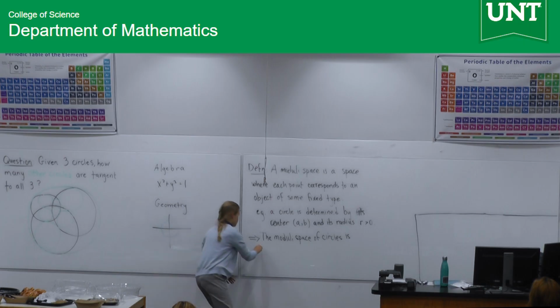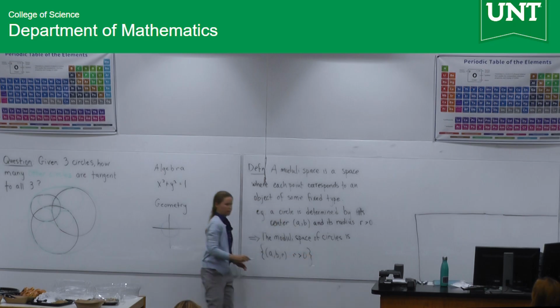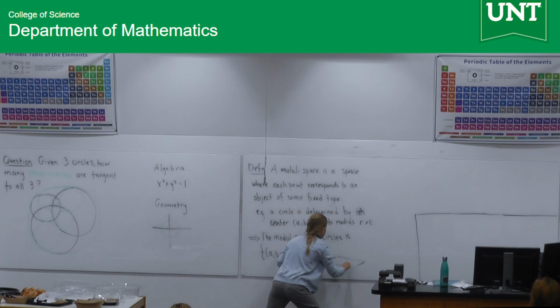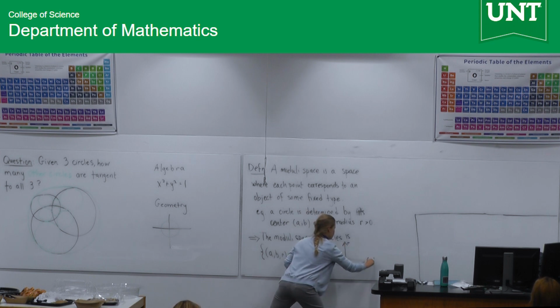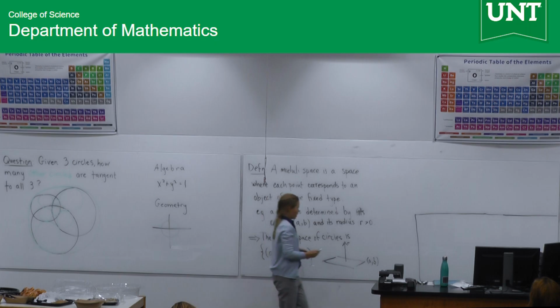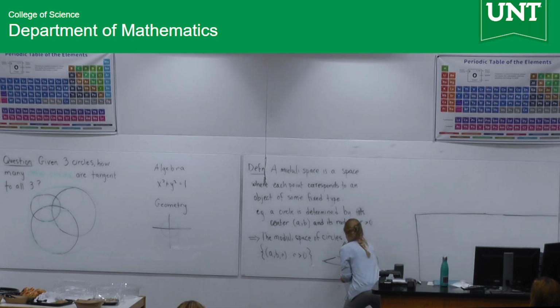It's the set of all triples A, B, and R, where R is positive. There's this positive R direction inside of a copy of R^3 with coordinates A, B, and R. So for example, this unit circle from the beginning is going to correspond to the point right here, (0, 0, 1).